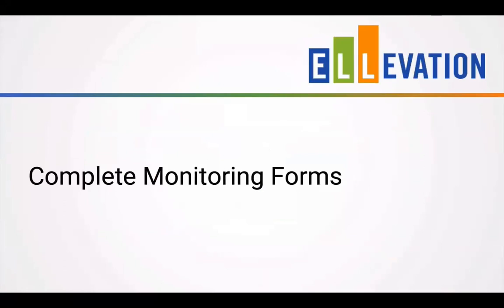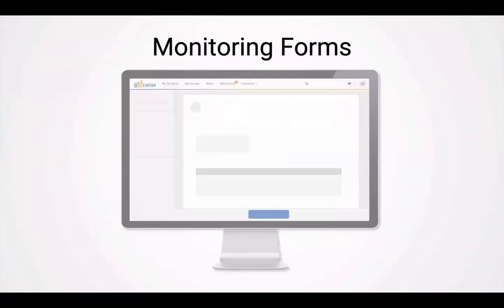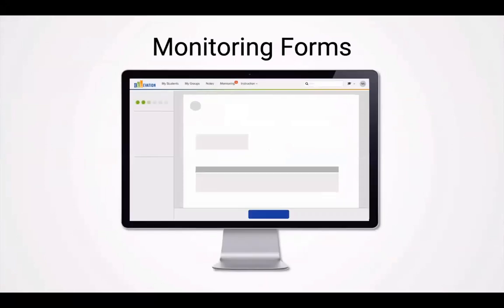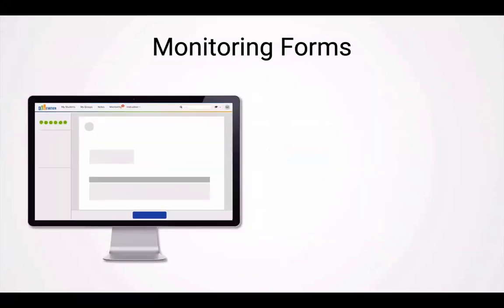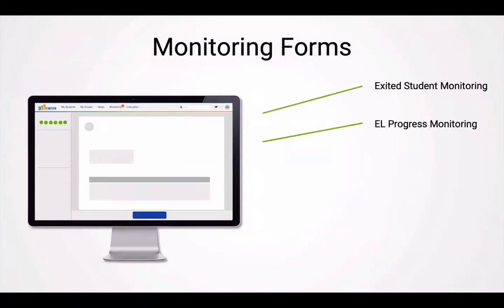Complete monitoring forms. Classroom teachers can be assigned digital monitoring forms in ELLevation in order to provide feedback for exited student and EL progress monitoring, or to provide teacher input on things like reclassification readiness and designated support assignments.